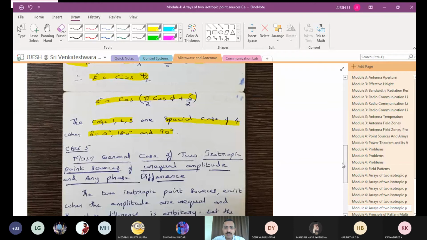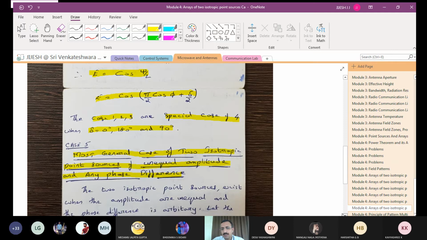So let me just go ahead with case 5. What you can see here is, in case 5, the most general case of two isotropic point sources. Till now we have been studying equal amplitude. Now this is the case where it is unequal amplitude and any phase difference.